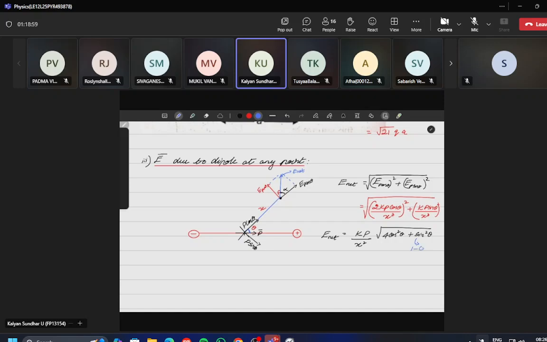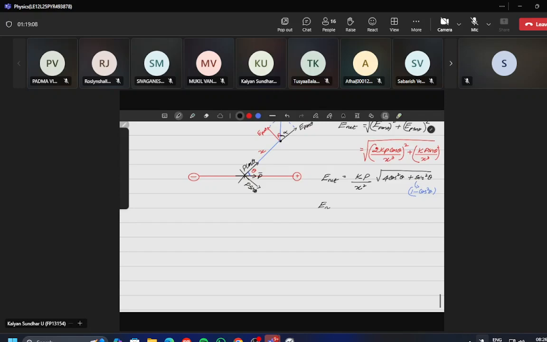Can we write it as 1 minus cos square theta? So I will get E net equal to kp divided by x cube under root of 3 cos square theta plus 1.